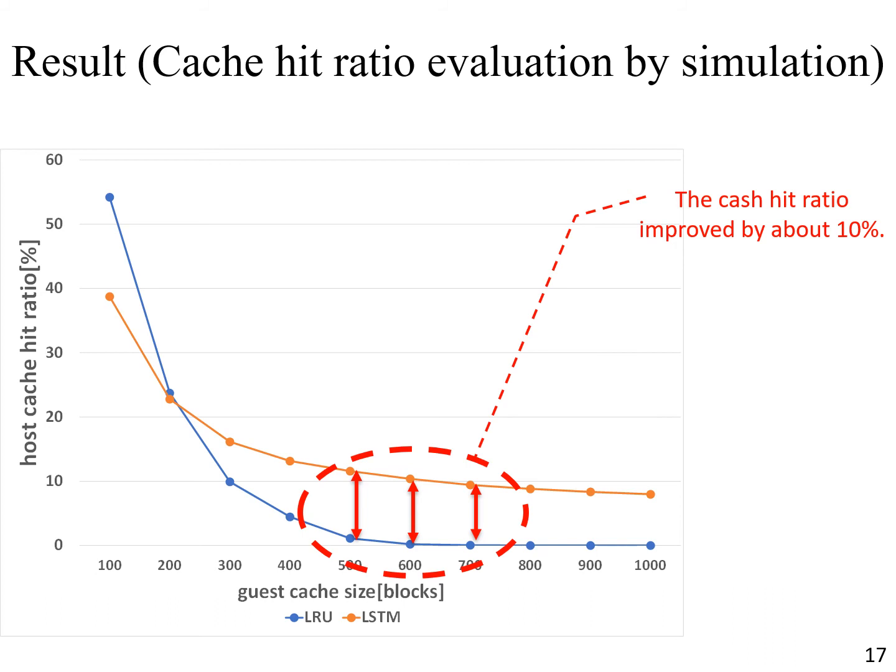In the cases in the red circle, the cache hit ratio improved by about 10%. In this case, the effect of the guest OS cache was very small. In such a case, the LRU worked well as usual.